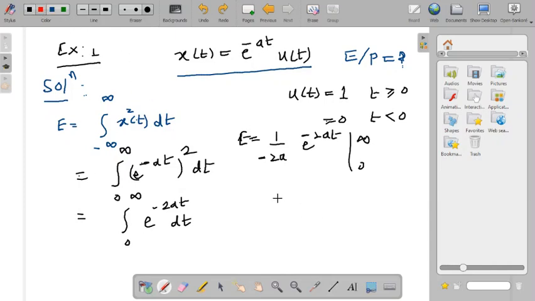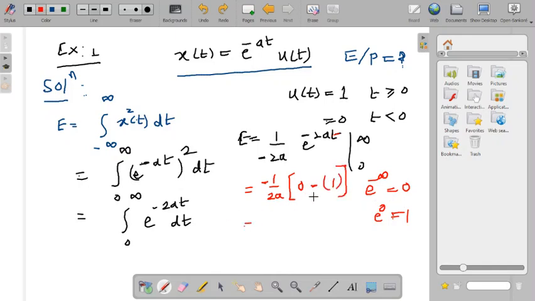Now you check, if we put limit t is equal to plus infinity here, then e raised to minus infinity will be 0, and e raised to 0 will be equal to 1. E raised to minus infinity is 0 minus this e raised to 0 is 1.